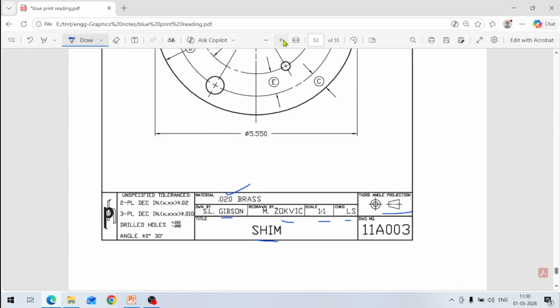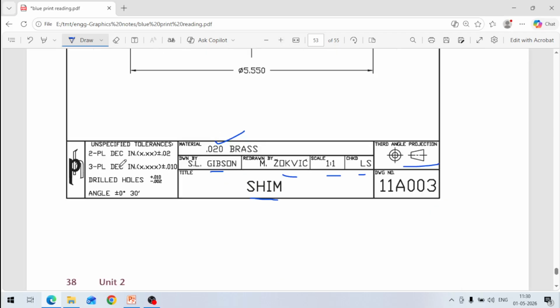If you look here, it is given: two place decimal inch, the unspecified tolerance for two places is plus minus 0.02 inches.